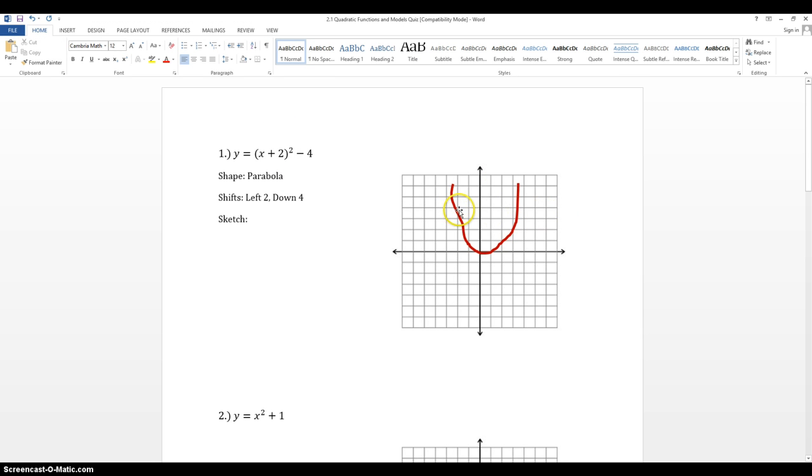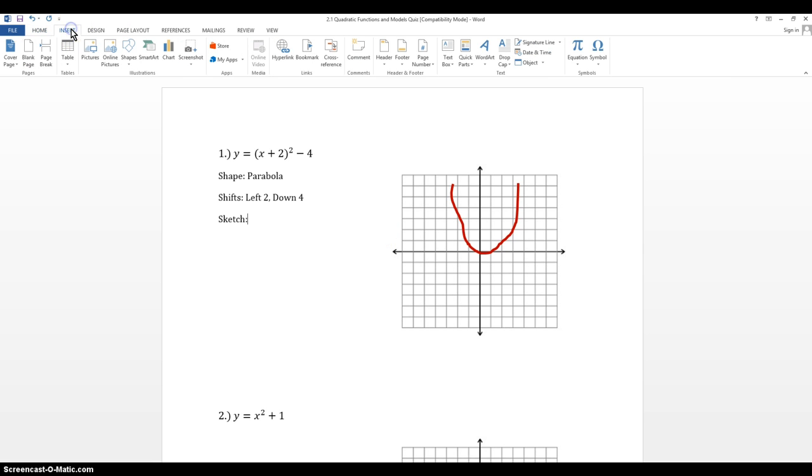In this case, after I draw my parent function, now I can actually do my actual problem, which is to the left 2 and down 4. So if I go to the left 2, 1, 2, and down 4, 1, 2, 3, 4, it's right here, and I will open upwards again.